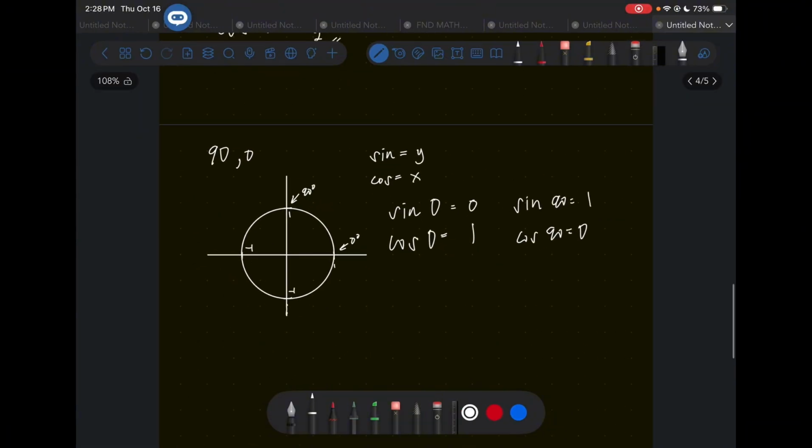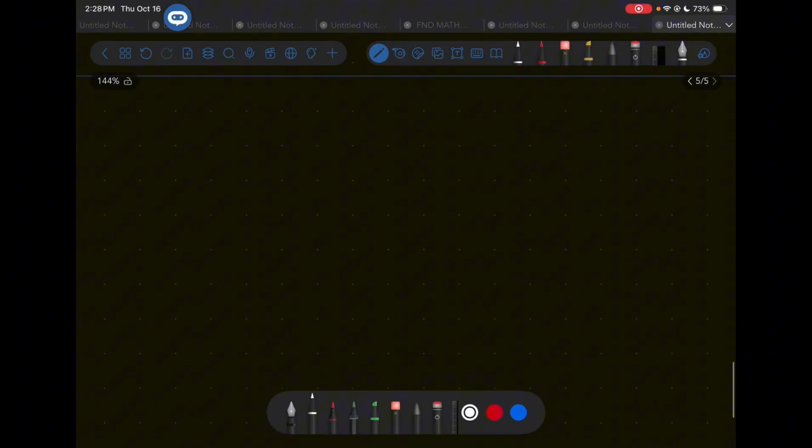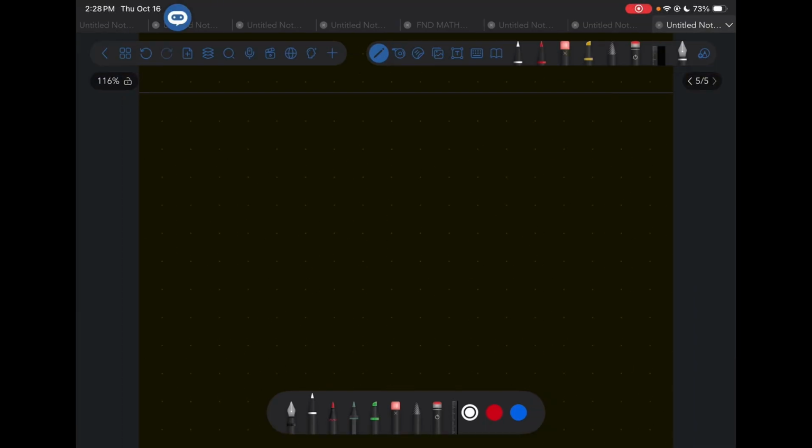Now, what if you exceed an angle of 90? How are you going to do that? Okay, still using the special angles, now we're going to utilize reference angles. So, what are reference angles?